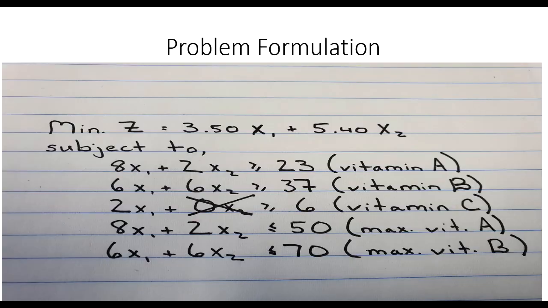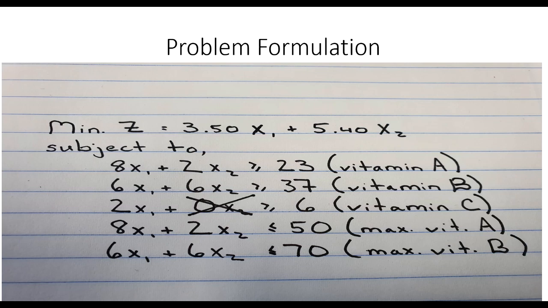We see those here. Minimize z equals 350x1 plus 540x2, subject to 8x1 plus 2x2 is greater than or equal to 23, and that's our minimum amount of vitamin A. 6x1 plus 6x2 is greater than or equal to 37.